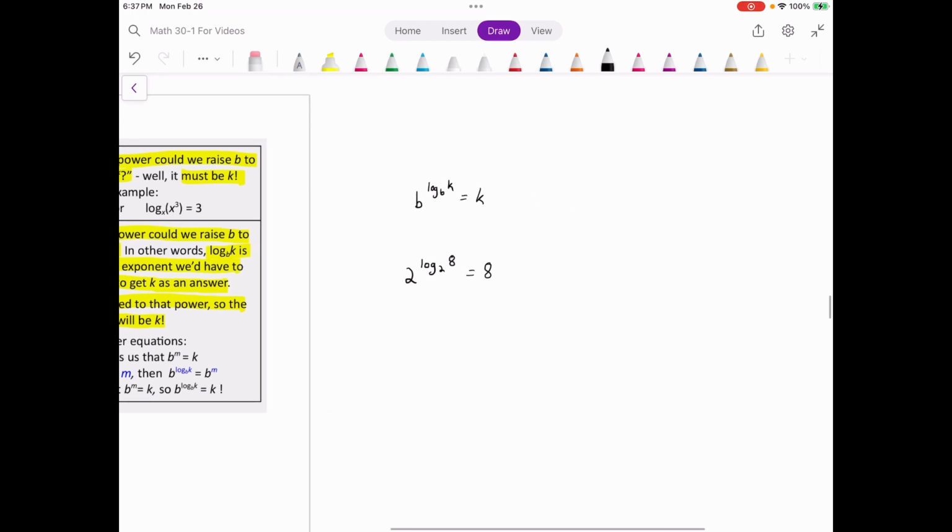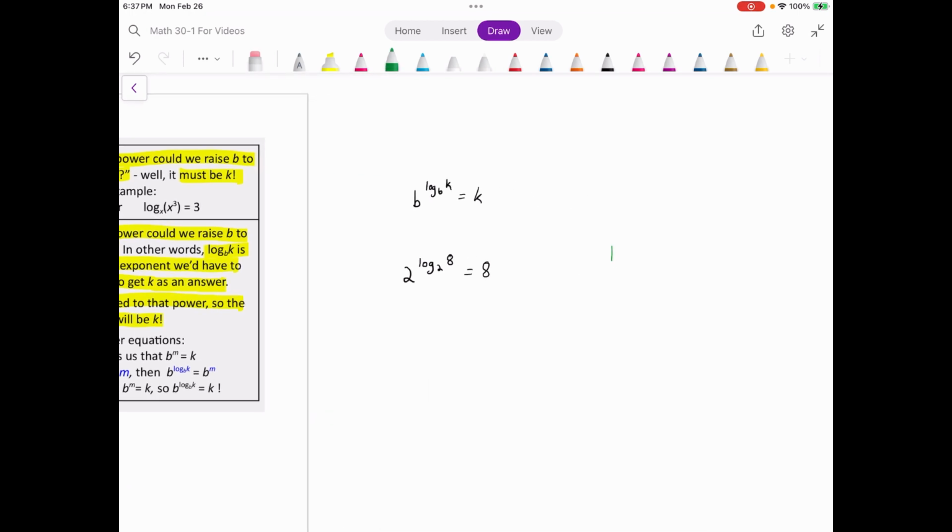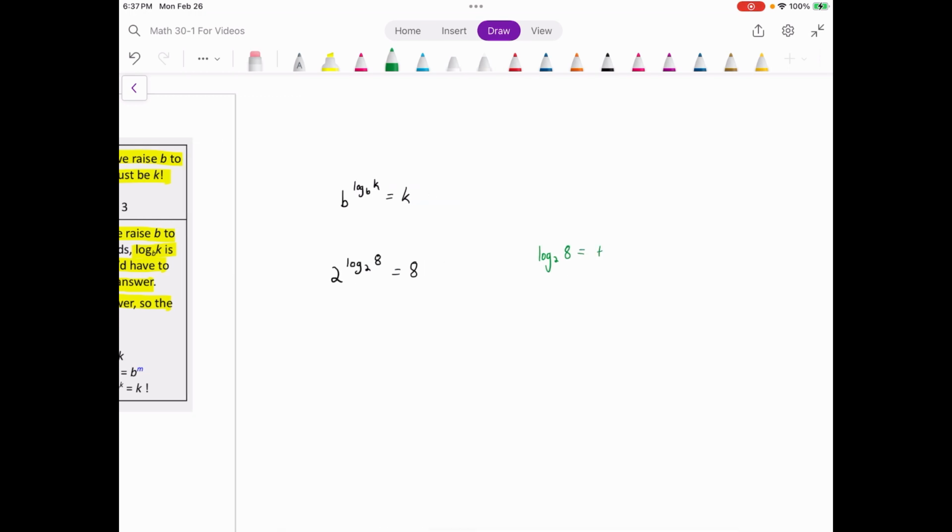Let's break this down a bit though. Because what is log base 2 of 8? What does it equal? Well, it equals, again, the exponent we'd need to raise 2 to in order to get 8 as our result, right?